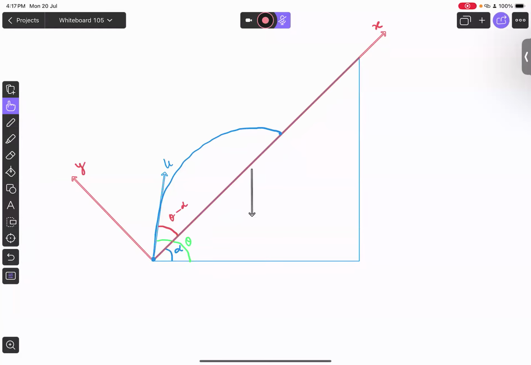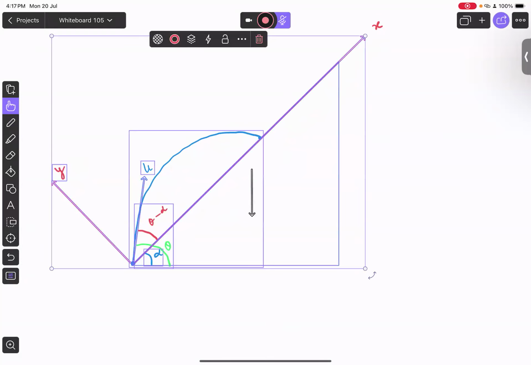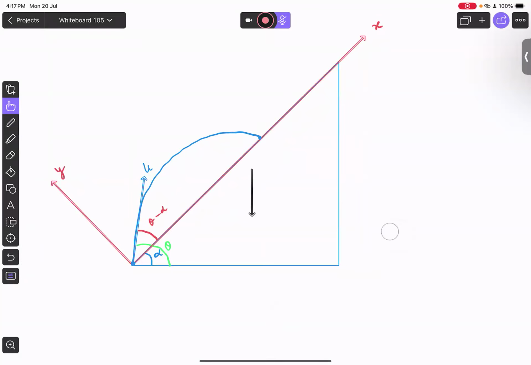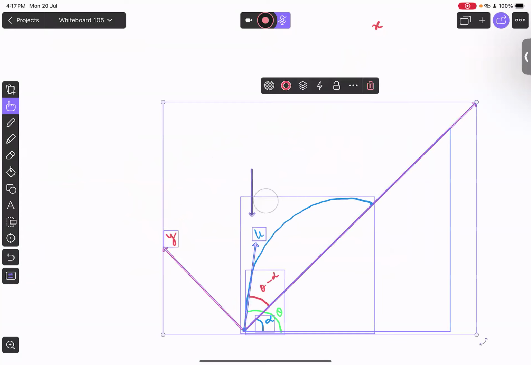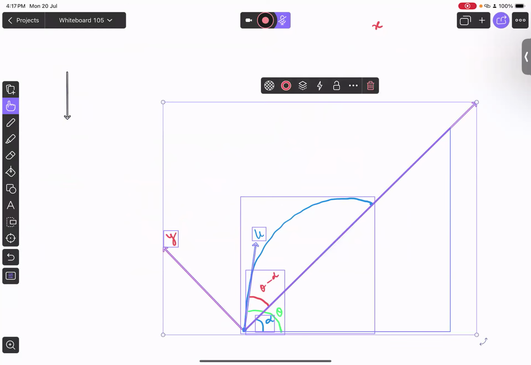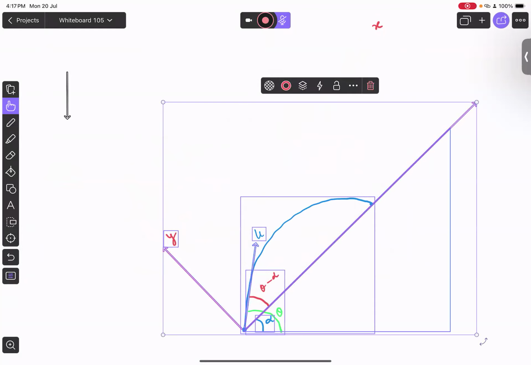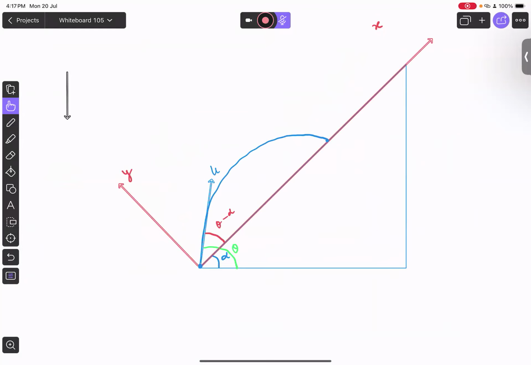Now maybe the projectile is here. The acceleration vector, I can shift that arrow anywhere else also.